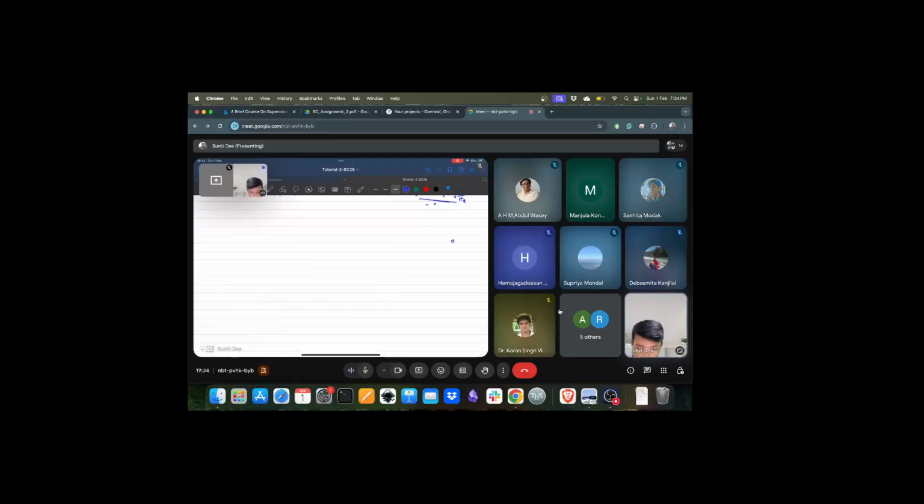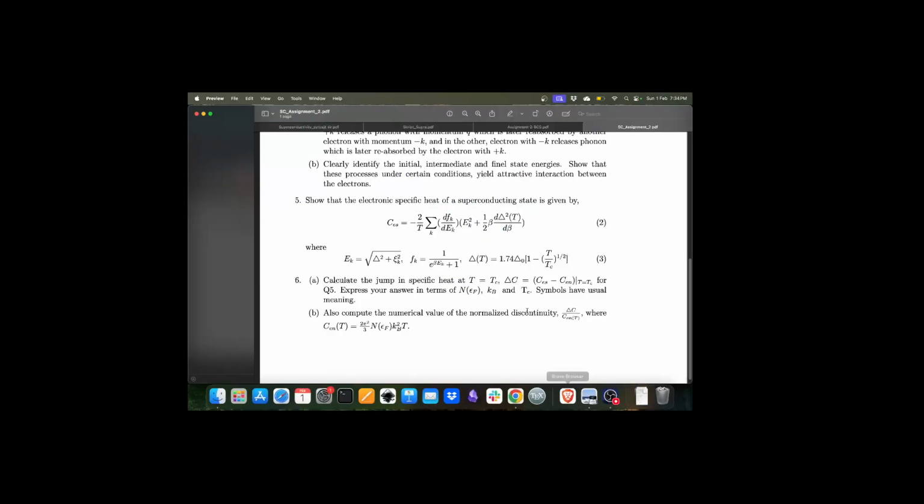So we have a general CES expression: minus 2 by T sum over k del Fk del epsilon k, and then epsilon k square plus beta by 2 d delta square by d beta. So this is the superconducting part and this is the normal part. So what we need to determine was CES minus CEN.